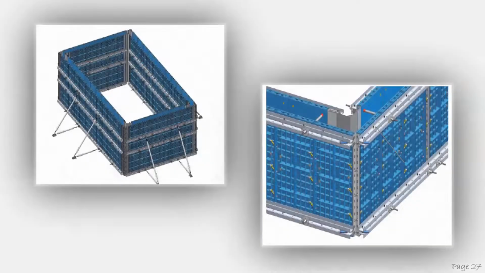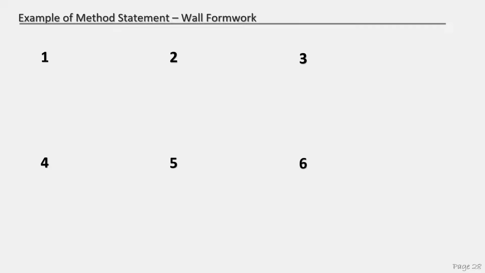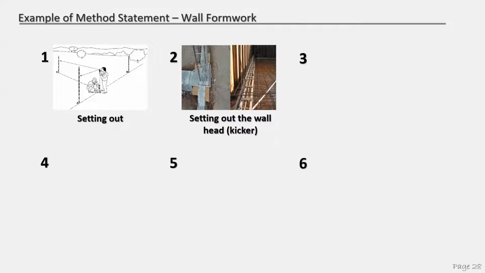Okay, so these are types of formwork system for plastic tray. Okay, so this is example of the method statement. First, of course, you need to do the setting out. Then you do setting wall.